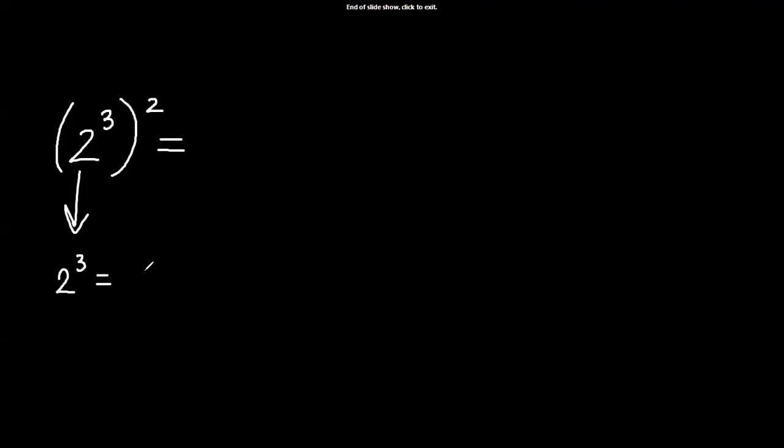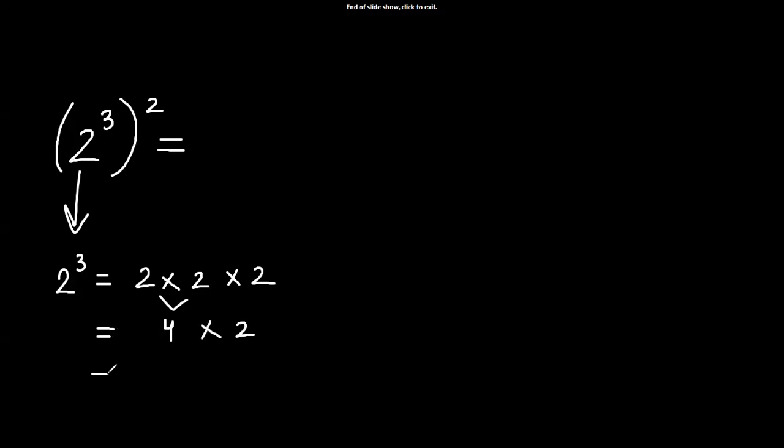All right, so what we have is 2 to the power of 3, all raised to the power of 2, right? We already know what 2 to the power of 3 is. 2 times 2 is 4, 4 times 2 is 8.